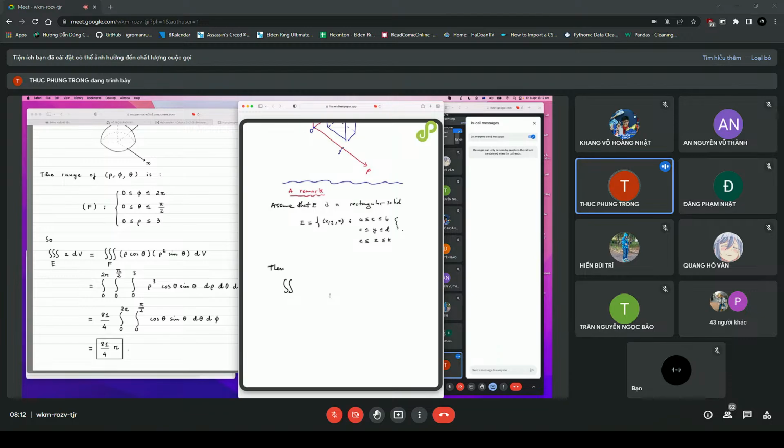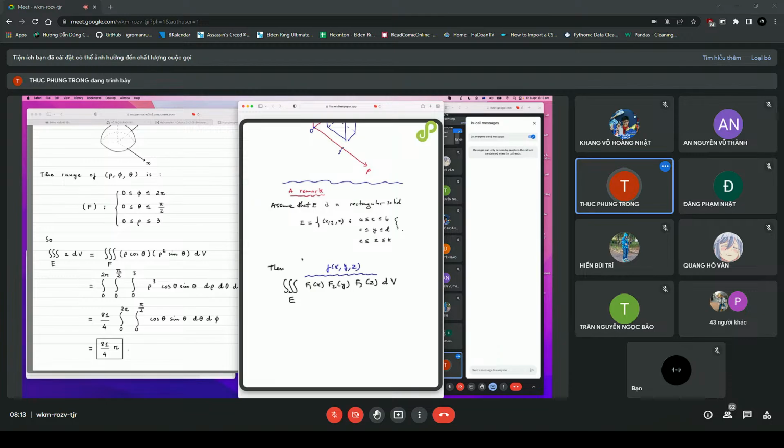So assume that you have a function f of x, y, z, and it can be written in this form. In general, we may not have this, but if we have this type of function, like in this example, then we have the following formula.